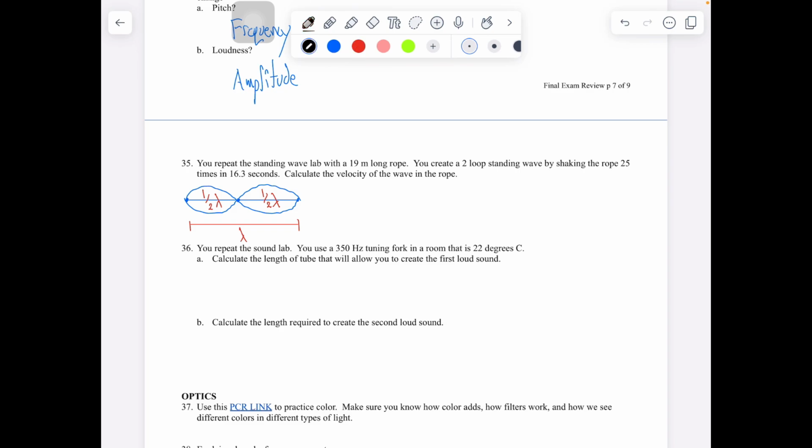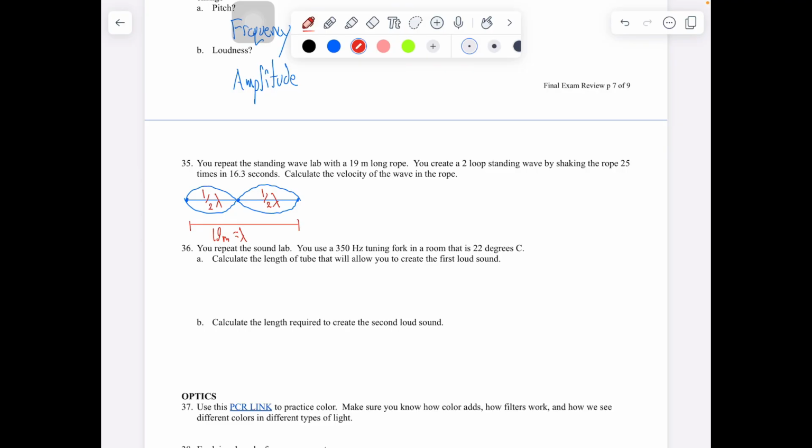We also know the length of this rope is 19 meters long. Since there's 3 nodes, there's 2 antinodes. Each antinode is half a wavelength. So like we just said, this is a full wavelength made on this rope. The rope's 19 meters long, so a full wavelength is 19 meters long.